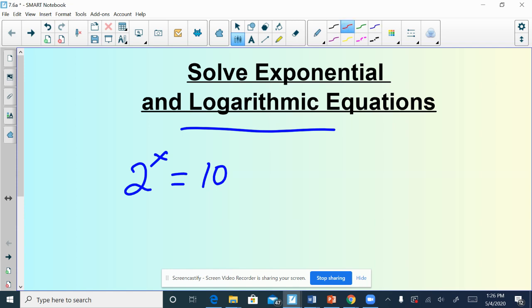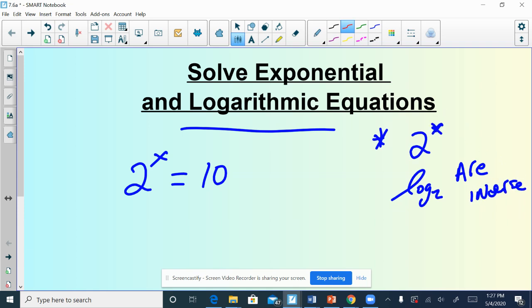Now, this I'm going to refer to as 2 to the power of. The key to this is that 2 to a power and log base 2 are inverses of each other. Remember, addition and subtraction are inverses of each other.